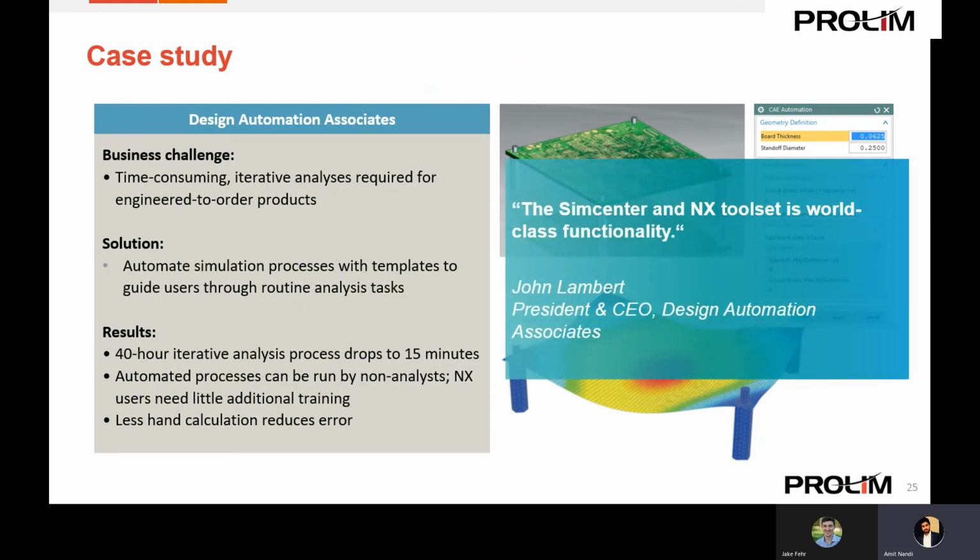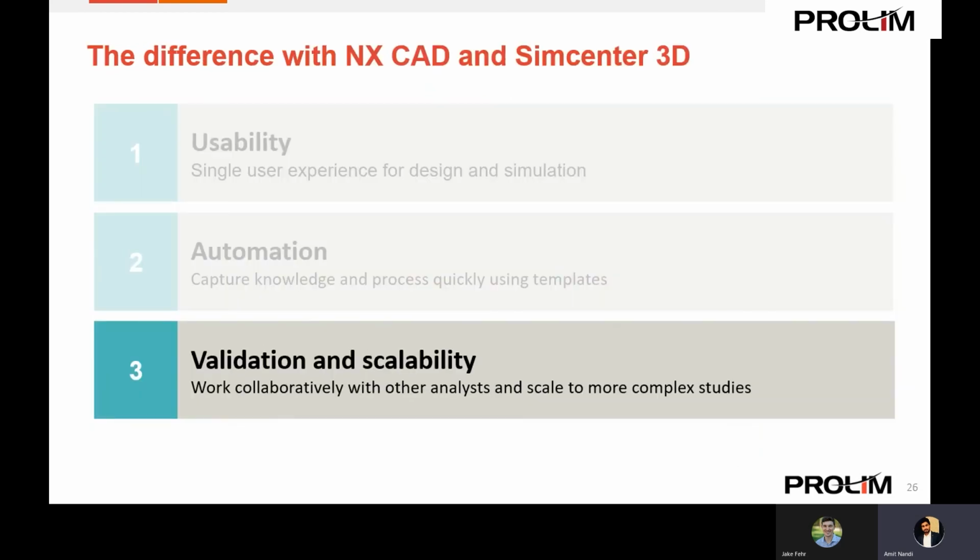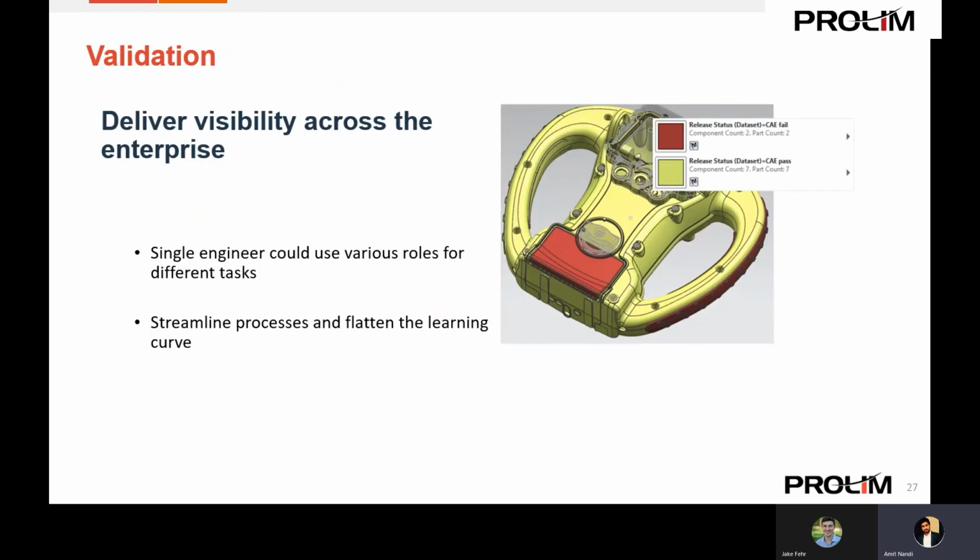So the SimCenter and NX toolset is a world-class functionality set. Again, there are so many customer case studies of customers who have benefited just by implementing this in their day-to-day CAD creation activities in NX. And then the validation and scalability. When we talk about validation, you can deliver visibility across the enterprise.